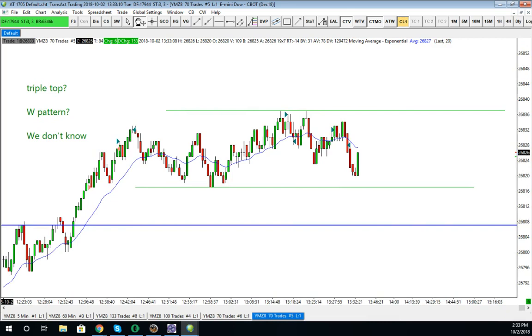Okay, that was some strength. Let's see. Do we pull back, am I convinced this time that that's the short-term low, or are we going to see, boom, a test of this green line?